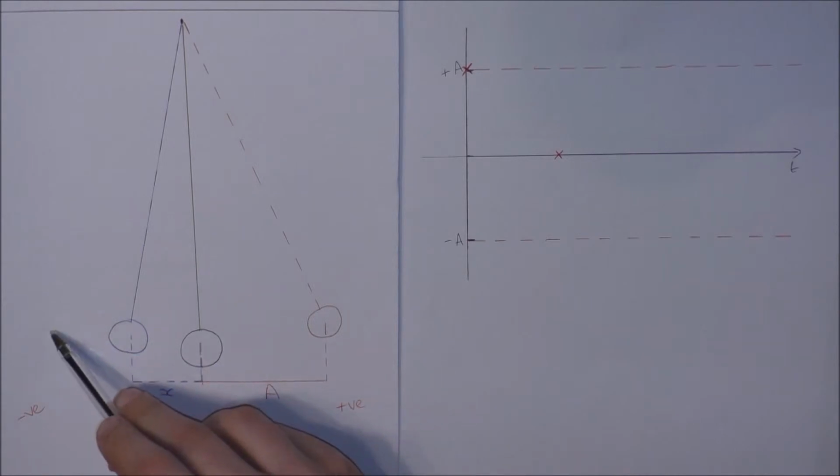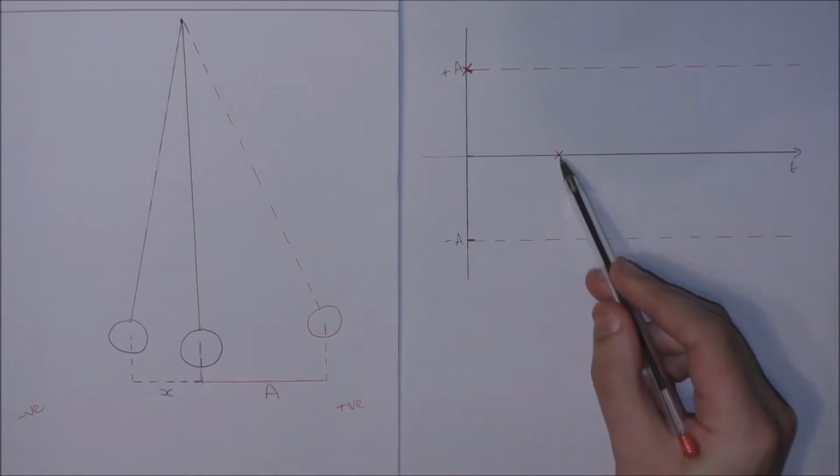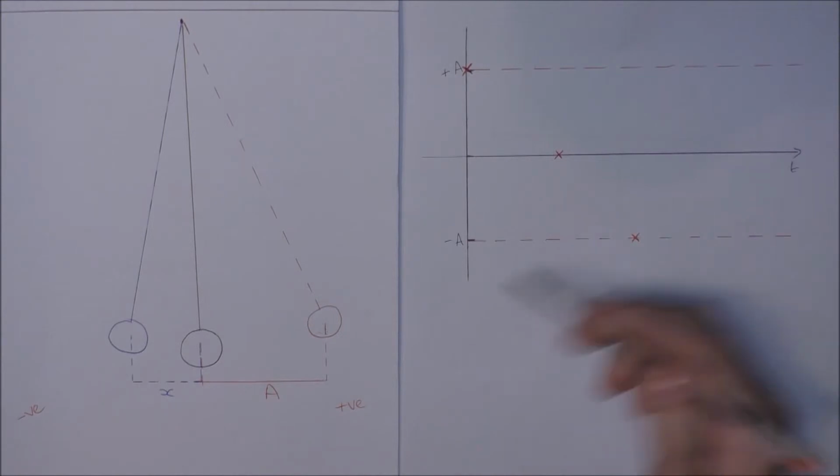After half an oscillation, it'll be over here somewhere, the same distance into the negative as this was into the positive, meaning that we get to the negative amplitude. That will be after half an oscillation, so I can put a mark there.